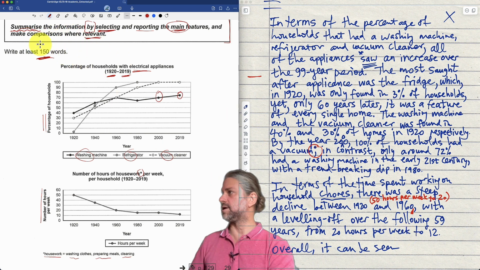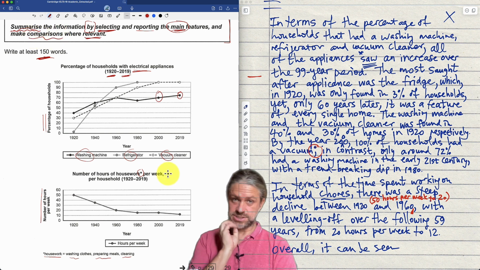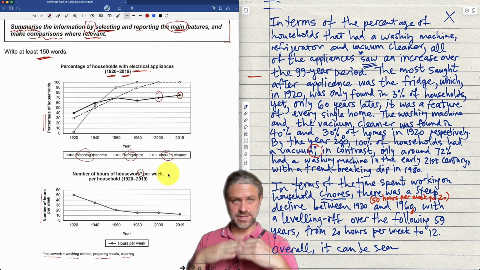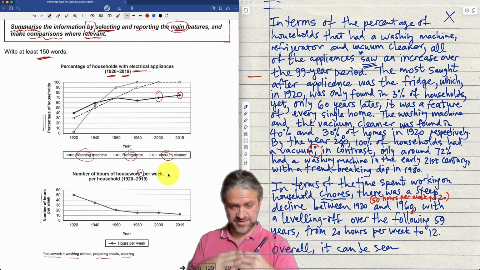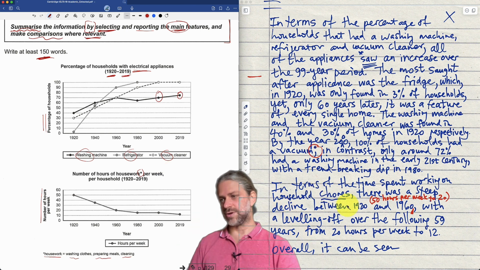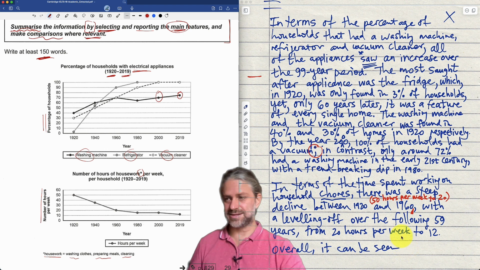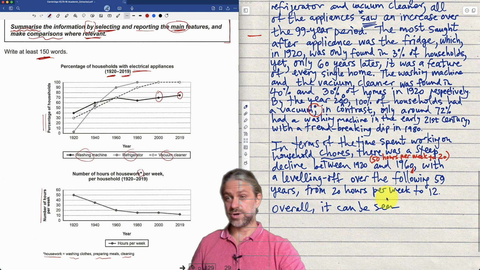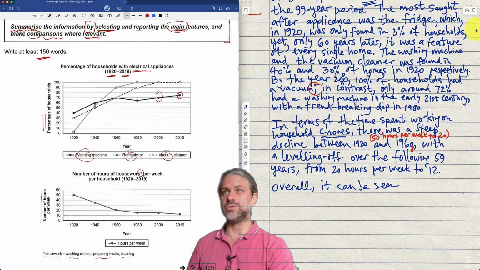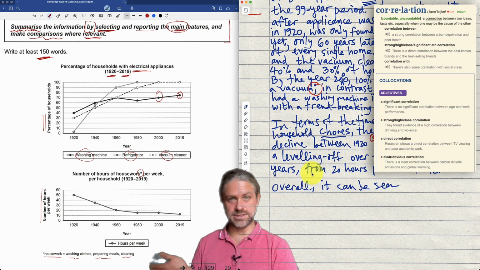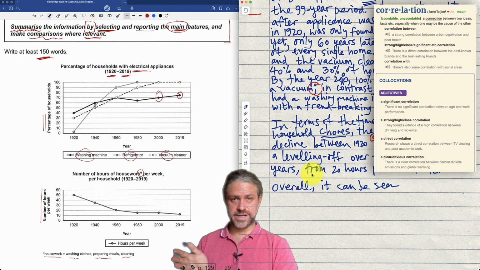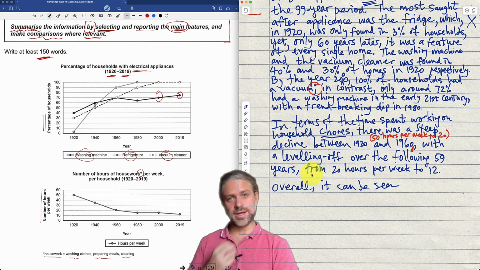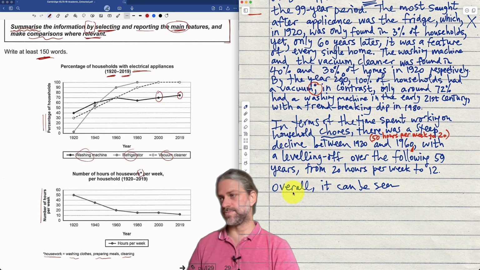And the comparison must be made not just within each individual graph itself, but with the two graphs themselves. So it can be seen that, and what is the correlation? And maybe correlation is a new word for you, so I'll put it up here. What is the correlation? Well, we can see the more electrical appliances there are in the house, the fewer hours you have to work on household chores.